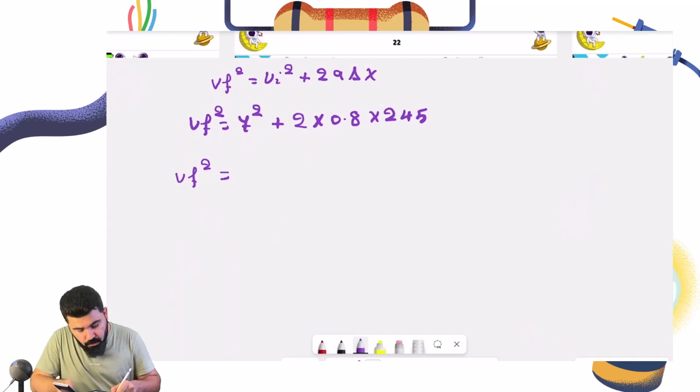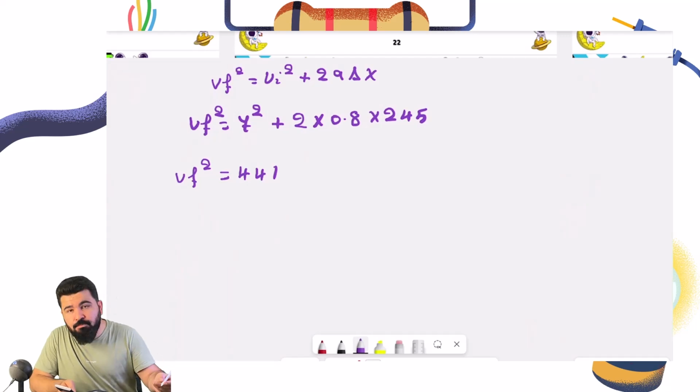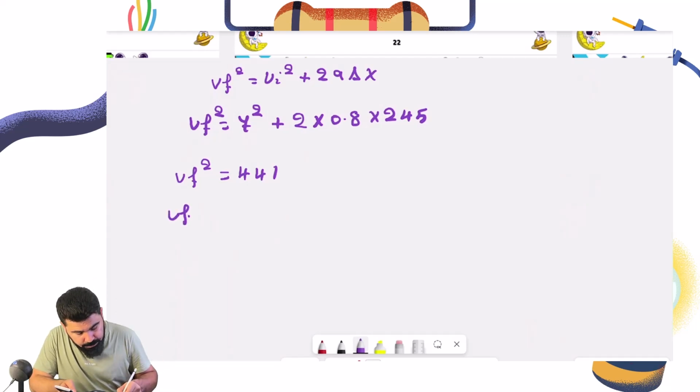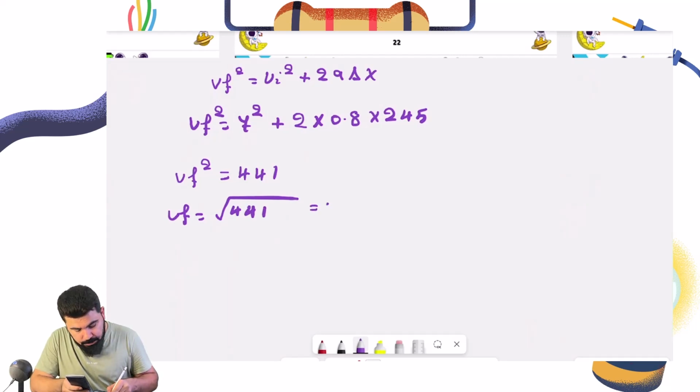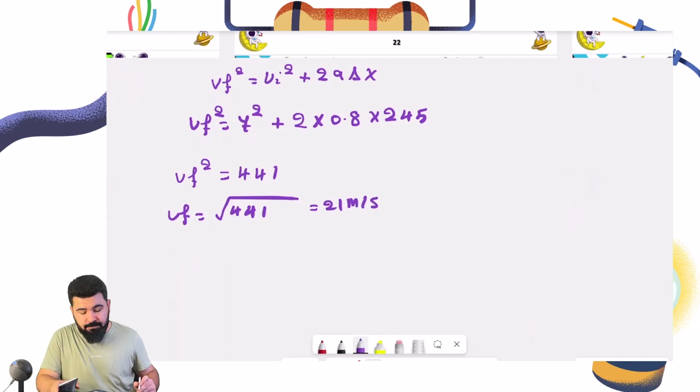We have 441. Don't leave it like that. Remove the square. So V final is equal to the square root of 441, which is 21 meters per second. Okay, this is V final.